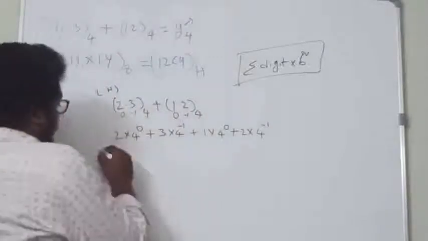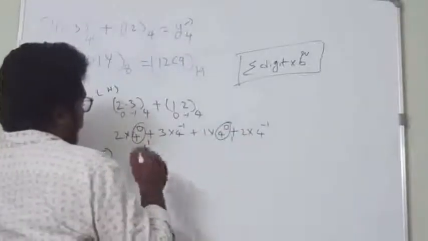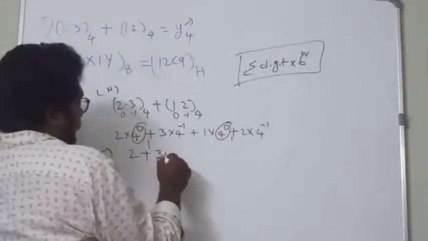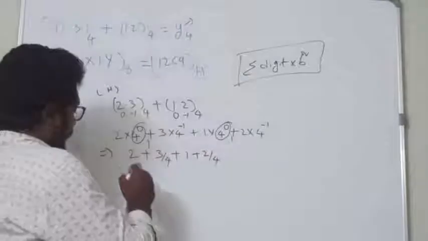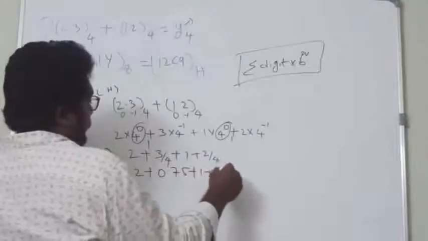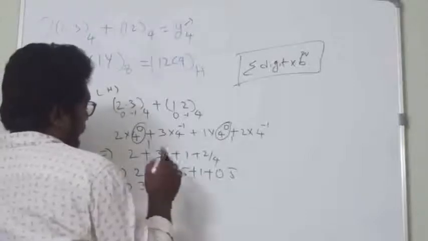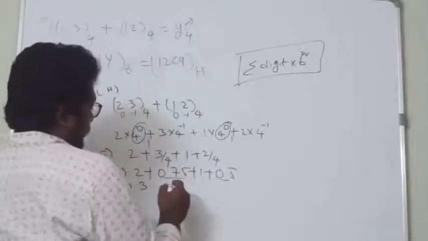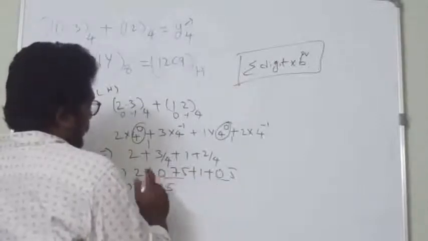So now the value for 4 power 0 is 1, right? 2 into 1 will become 2, plus 3 by 4, plus 1, plus 2 by 4, and it implies 2 plus 0.75 plus 1 plus 0.5. 2 plus 1 will become 3, and 0.75 plus 0.5 will become 1.25.